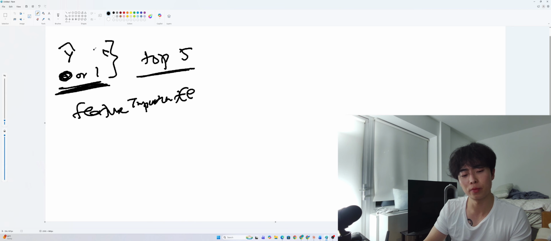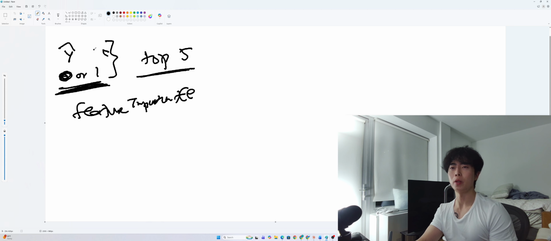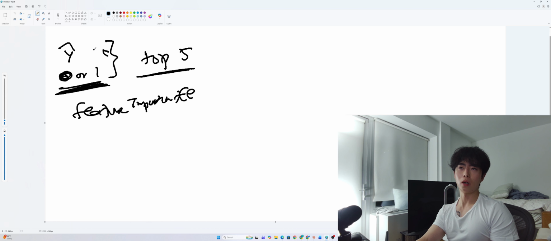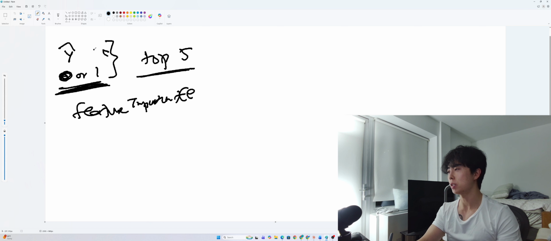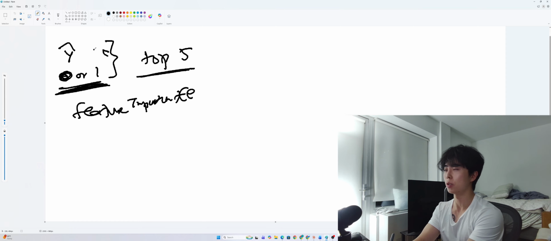Now we have PCA. PCA is a dimension reduction technique, but it's linear, meaning it captures data in a linear way. If the data set has a nonlinear relationship, then PCA is not the best dimension reduction technique.